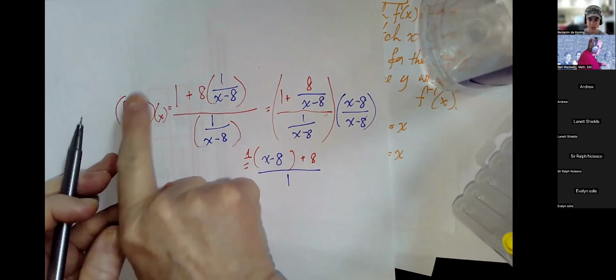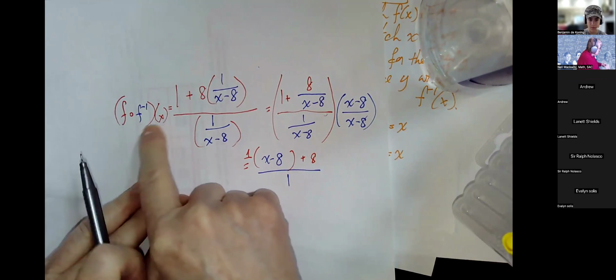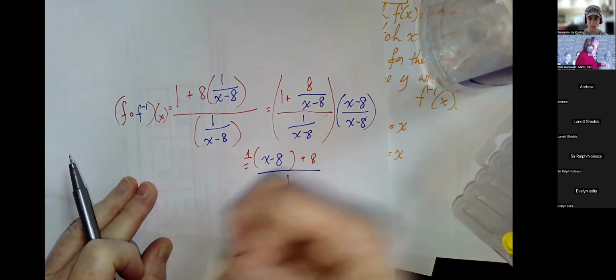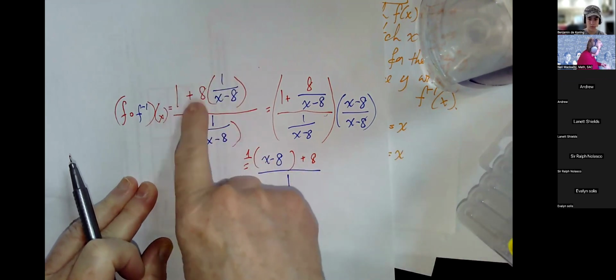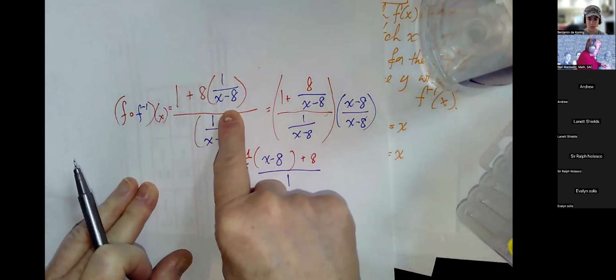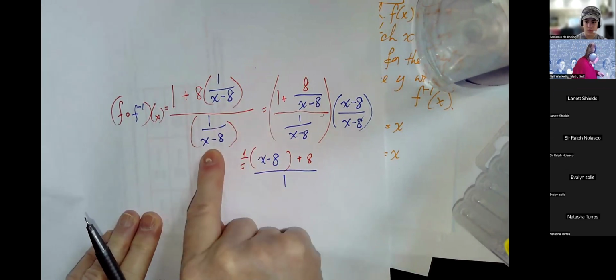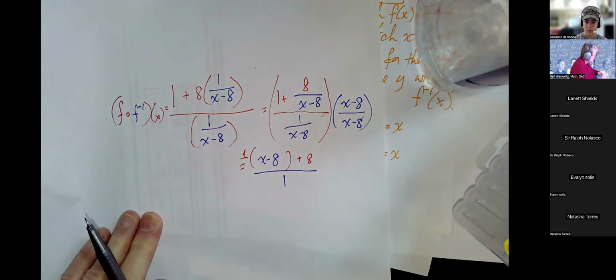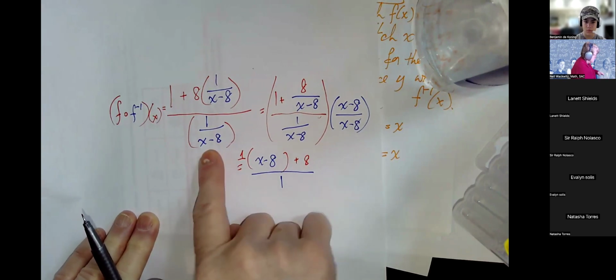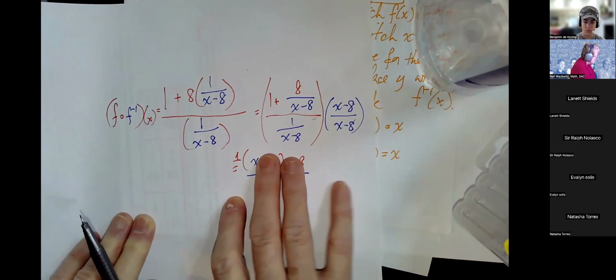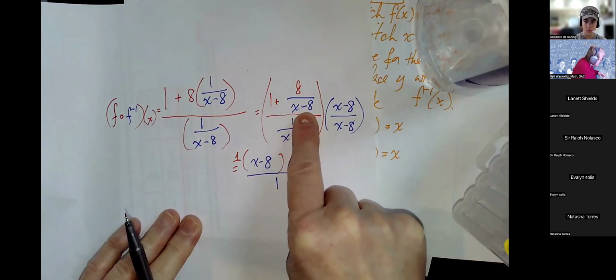So f of f inverse of x, we're going to put f inverse in for all the x's that were in the f formula. So we have 1 plus 8 times 1 over x minus 8, all over 1 over x minus 8. And just like y'all said, the inside denominator, the thing that makes this a complex fraction, is x minus 8.